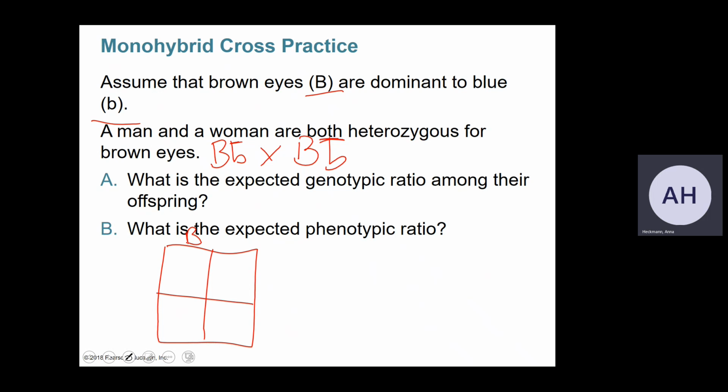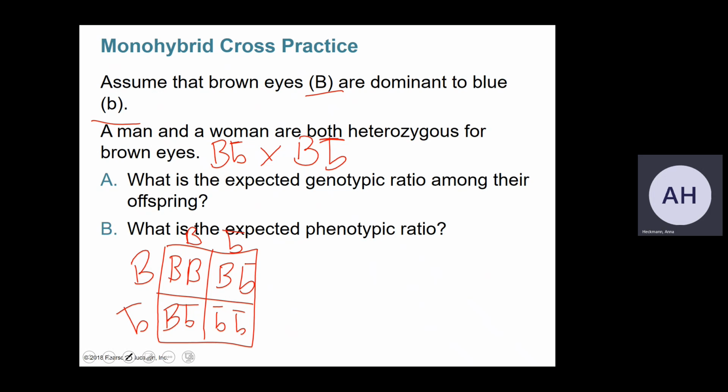Capital B, lowercase b, capital B, lowercase b. So for the first one, we have capital B, capital B, capital B, lowercase b, capital B, lowercase b, and lowercase b, lowercase b.